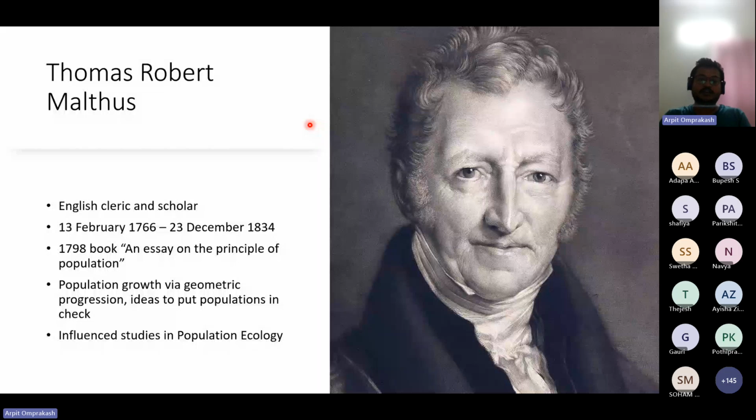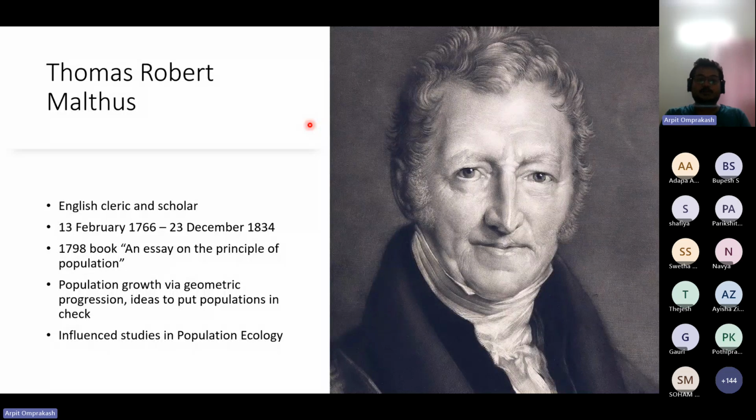Okay. So the next person is Thomas Robert Malthus. He was an English cleric and scholar, and he wrote a book in 1798 called An Essay on the Principle of Population, where he described how populations can grow via geometric progression. For example, let's say we have two rabbits.